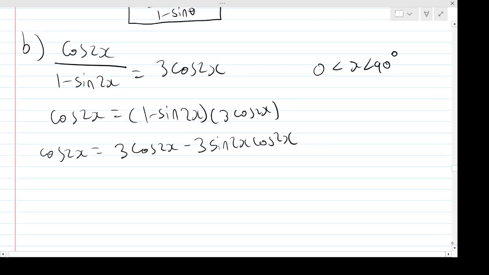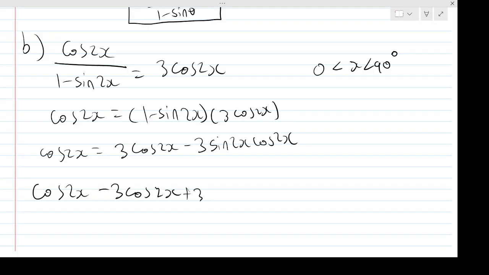Right, okay. If I move everything to one side, I think that might make things easier. So cos 2x minus 3 cos 2x plus 3 sine 2x cos 2x equals 0. Then I can simplify this.